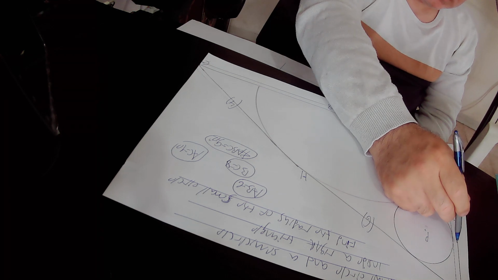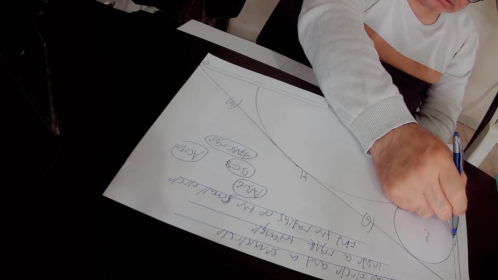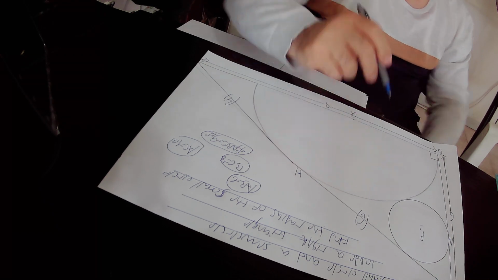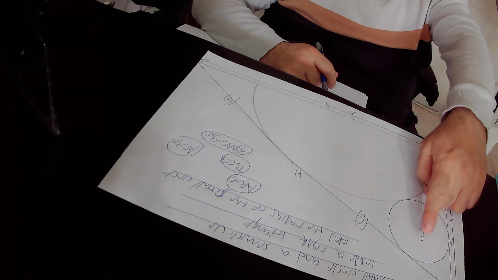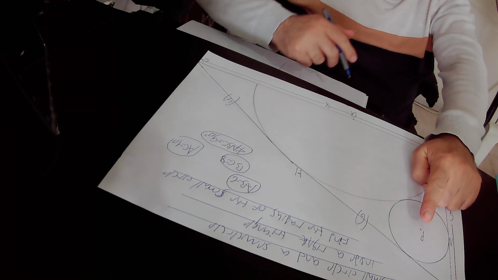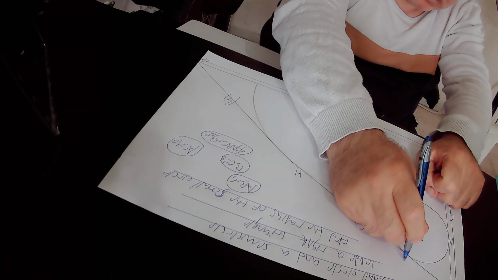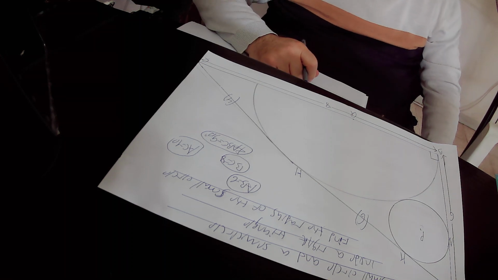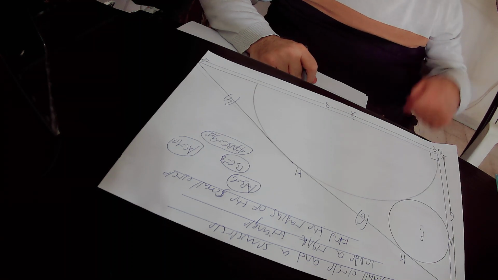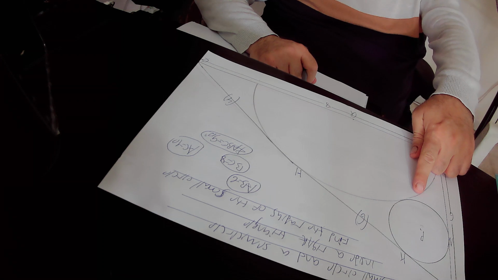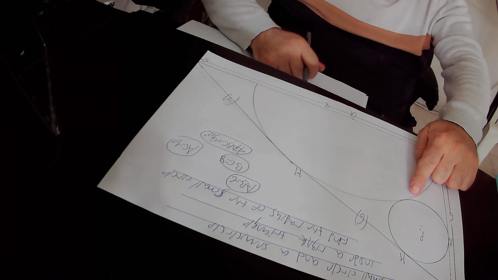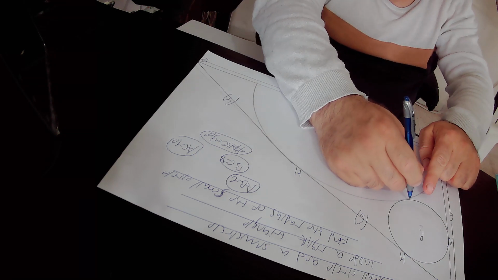This point is point N. We define the point of tangency of tangent AC with this circle. This point is point K. We define the touching point between this small circle and this big semicircle. This point is point T.